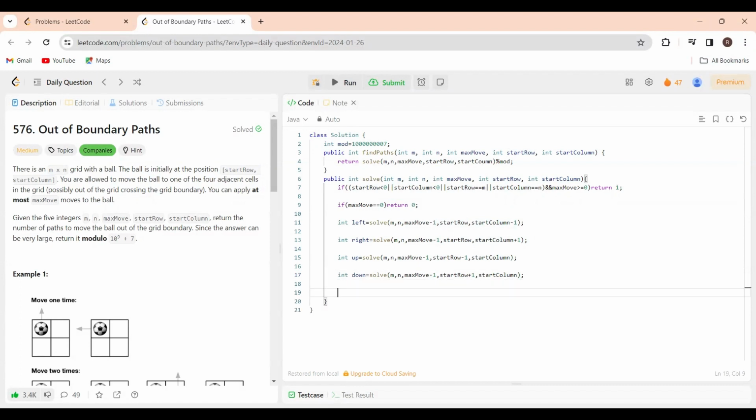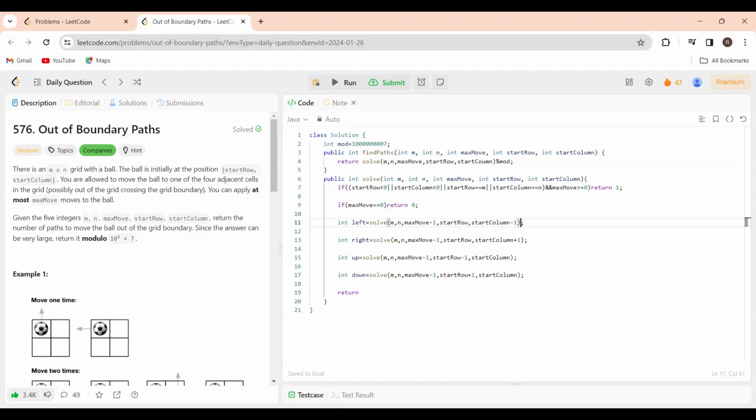So here I'll be returning the sum of these parts. What does this function return? How many paths are there when I go left? And this function, how many paths are there when I go right from the starting position? How many paths are there when I go from the starting position up, and to the top? So we need to add all of this.